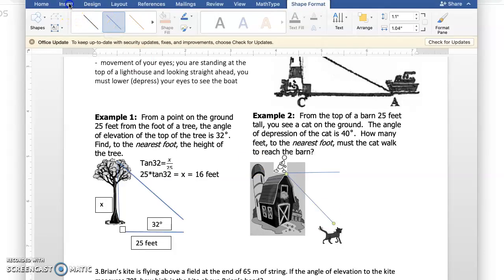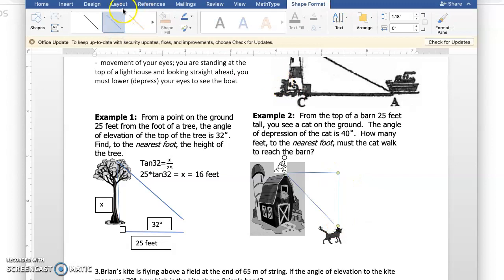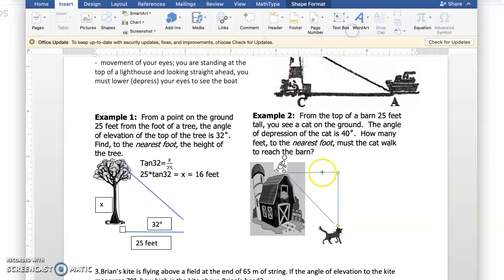Then we connect those two lines of the triangle together. That's close enough. And we know that our right angle would be right in the top here.